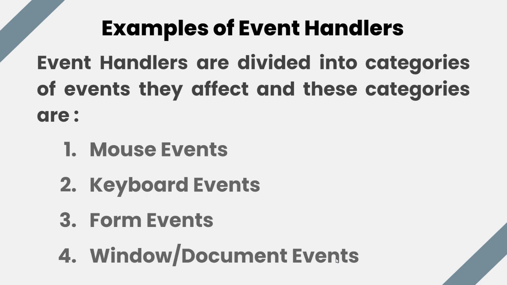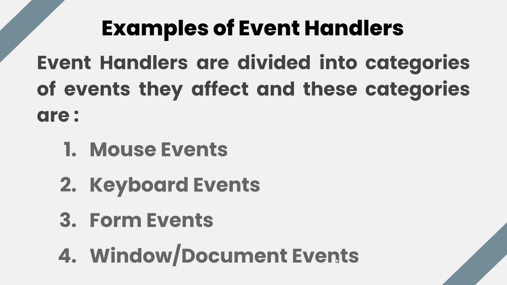Now we have examples of event handlers. And in actual sense, the event handlers in JavaScript are actually a lot. I guess there are about 100 plus or even more than that. And so, for the sake of simplicity, I actually decided to go over event handlers in terms of their categories.